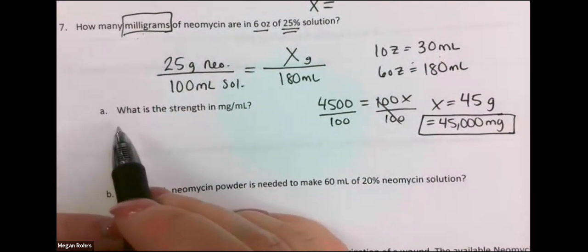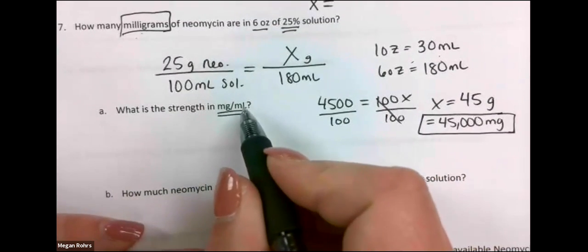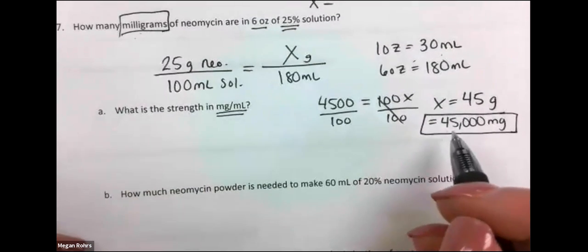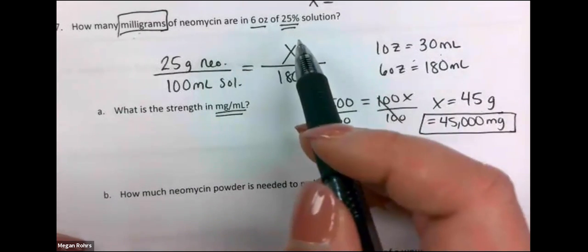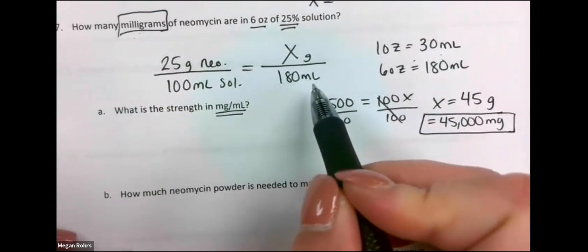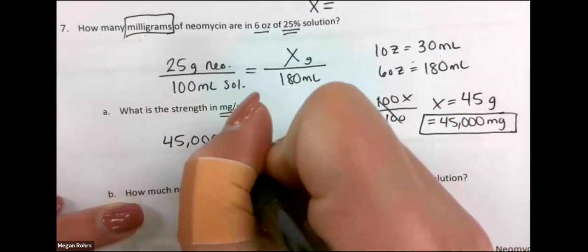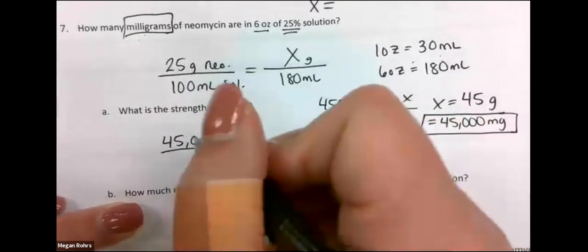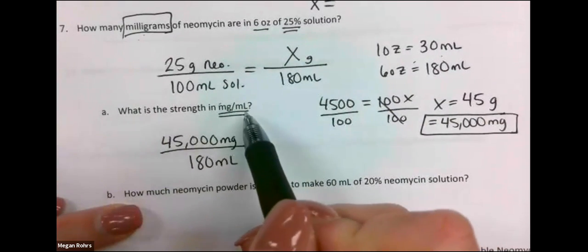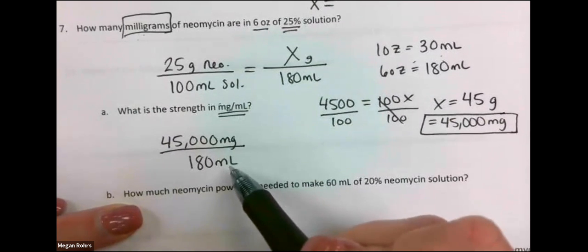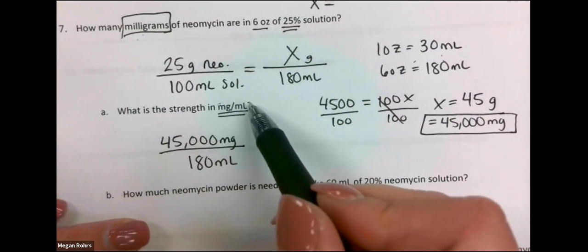Okay, so now A, what is the strength in milligrams per milliliter? Well, we just solved for the milligrams, right? We know that there's 45,000 milligrams in 180 mils, because we just solved for that. So they're asking for the strength in milligrams per mil, which is what we have here, but we need to make sure that we reduce this to milligrams per 1 mil.